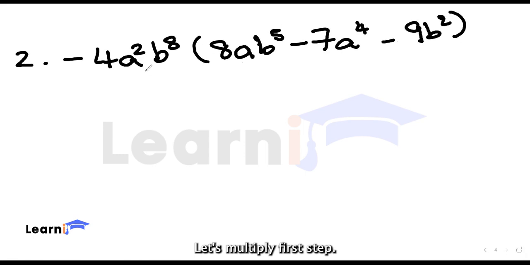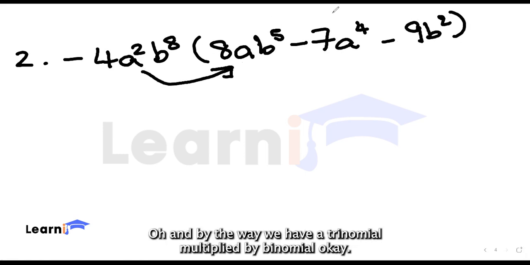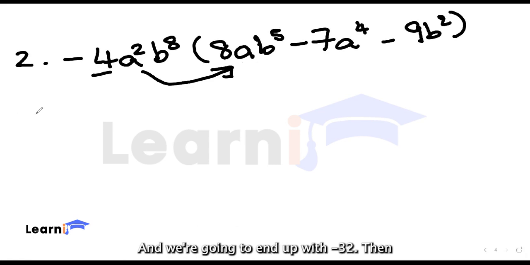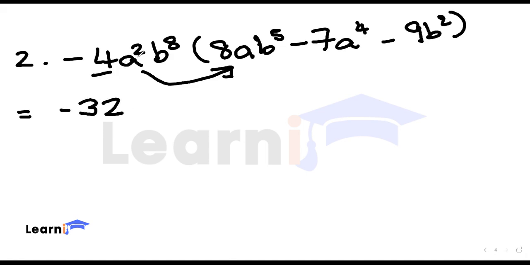Okay, let's multiply. First step, oh, and by the way, we have a trinomial multiplied by a binomial. Okay, so the first thing we're going to do is multiply that negative 4 by that 8, and we're going to end up with negative 32. Then, this section of work expects you to know your exponent laws.